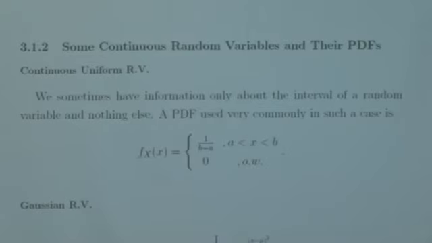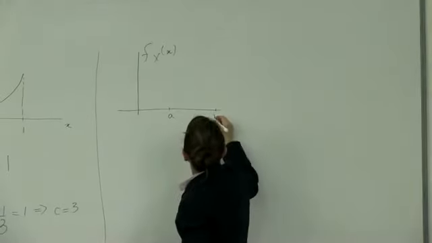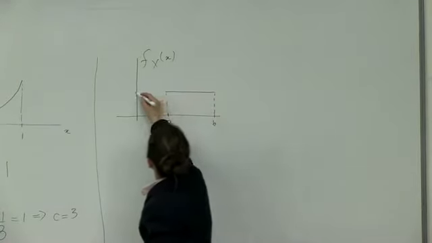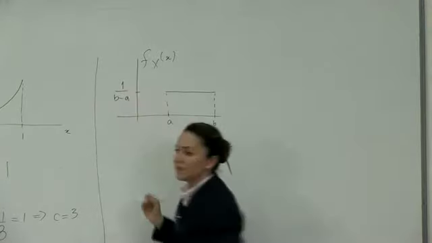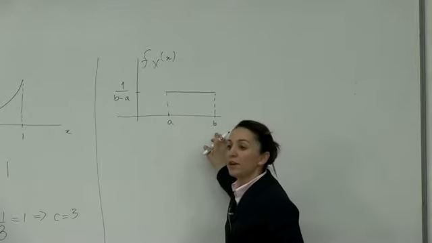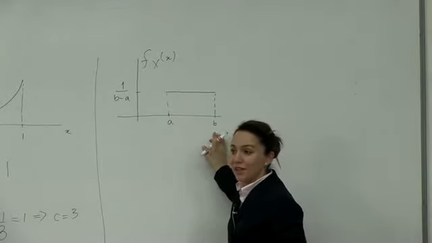Here we're working with a continuous range between point A to point B, and the distance is exactly equal to B minus A. So to normalize, we're dividing 1 by B minus A. So let me quickly sketch that. f_X(x) between A and B is equal to 1 over B minus A. It's the simplest distribution. All values between A and B are equally likely, okay?